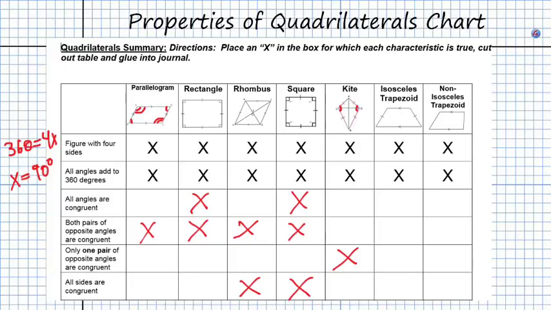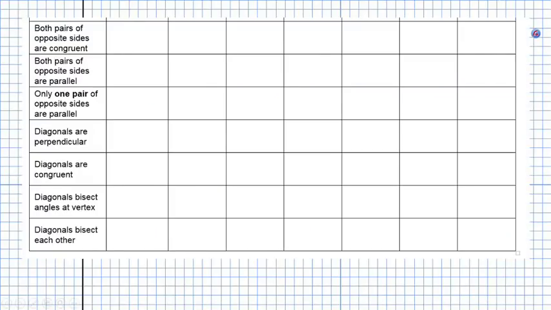All right, so now we move on, and so we say both pairs of opposite sides are congruent. Well, that's true for parallelograms, rectangles, rhombus, and square. So both pairs of opposite sides are congruent in those four shapes.